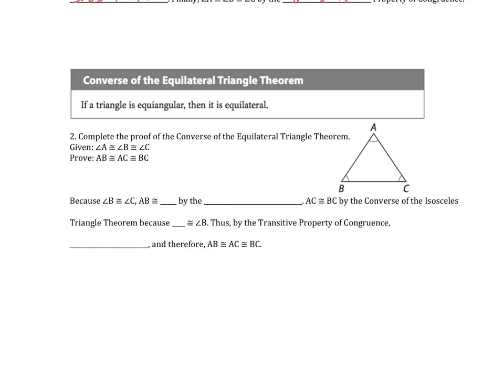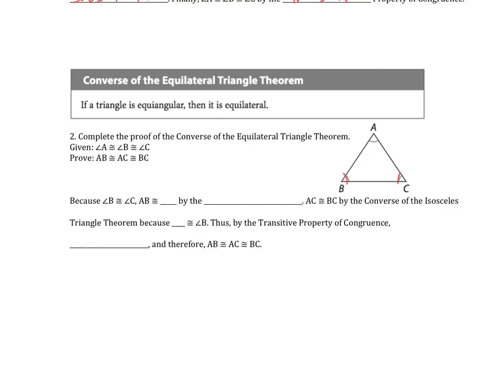So we're given our angles this time. Angle A is congruent to angle B, which is congruent to angle C. And we want to prove our sides. AB is congruent to AC, congruent to BC. Because angle B is congruent to angle C, so we're dealing with those there.